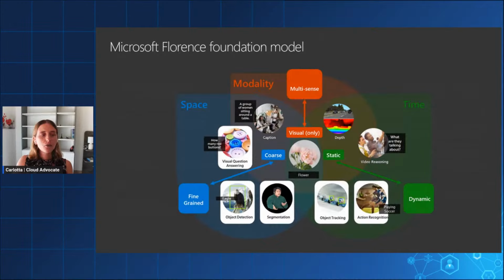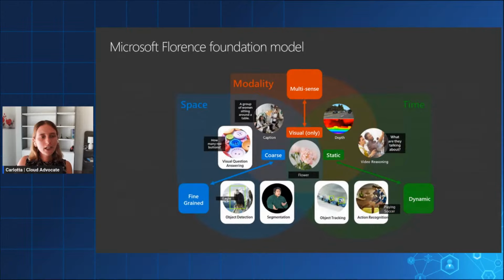Now, the latest release of the Azure AI Vision service is powered by a large foundation model. This large foundation model has been called Florence, and it is trained on billions of text-image pairs. By using universal visual language representations in the form of text-image pair data, the Florence model can be easily adapted to various computer vision tasks, such as classification, image retrieval, object detection, and image captioning.